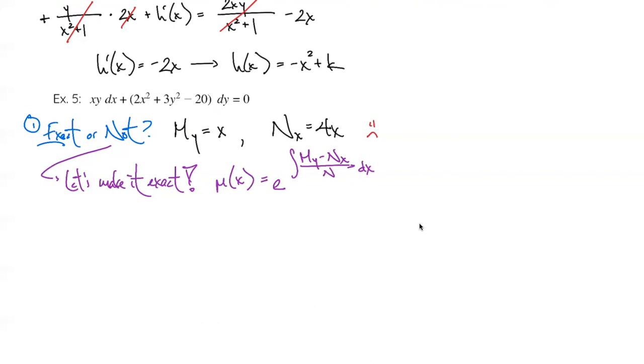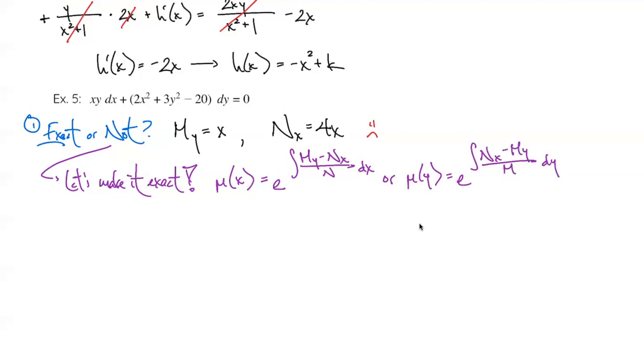You could have an integrating factor with respect to y. And if you chose to do that, your mu of y would be e to the integral of N sub x minus M sub y over M dy.